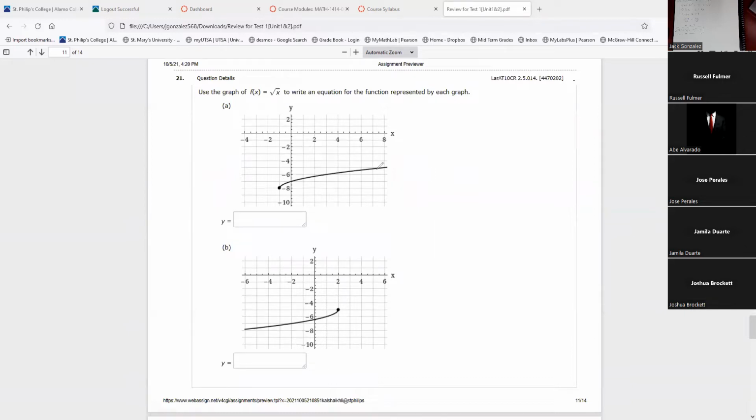It's a square root function, but it's been shifted to the left 1 and down 8. So f of x would be equal to the square root of x plus 1, minus 8. So this does the shift down. This 8 here is the vertical shift, and this is the horizontal shift.